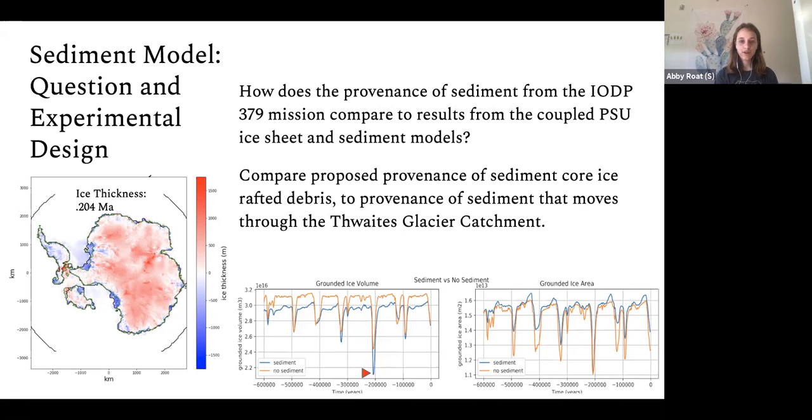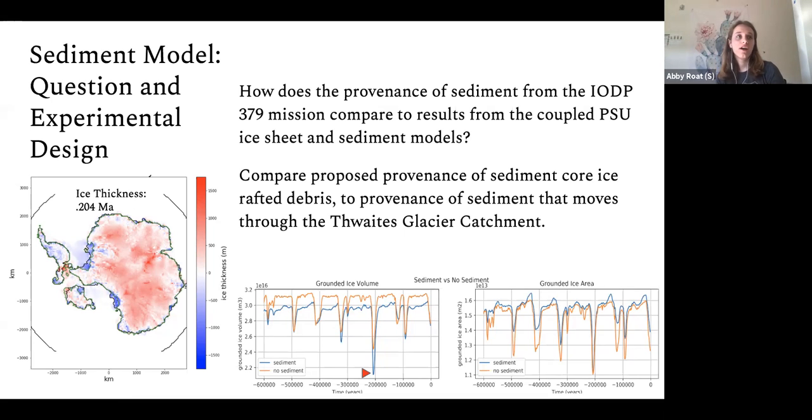This sediment model also hasn't been used super extensively. It's been used for whole continent evolution over like 40 million years. I think it's been used a couple of other times, but most recently for full continent evolution, at super low resolutions and comparing to general sediment thicknesses off the coast of Antarctica, but it hasn't been used to compare to specific results like I am doing here.